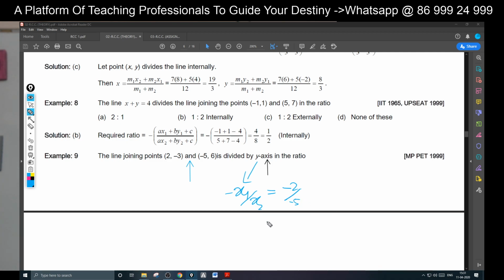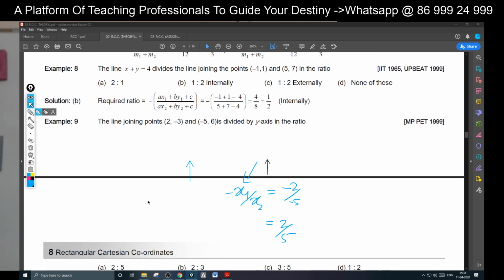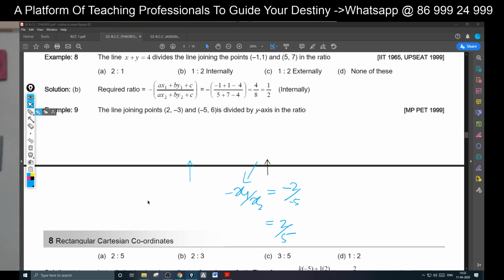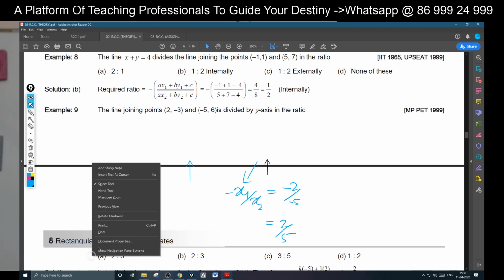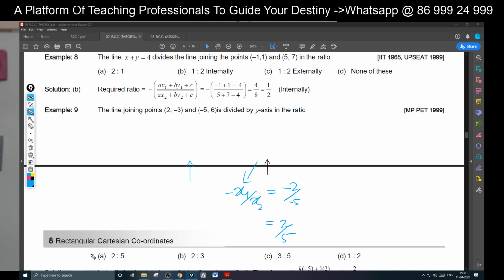So the ratio should be 2 by 5. So, which is the answer here? This one is the answer. Two is to 5 is the answer.